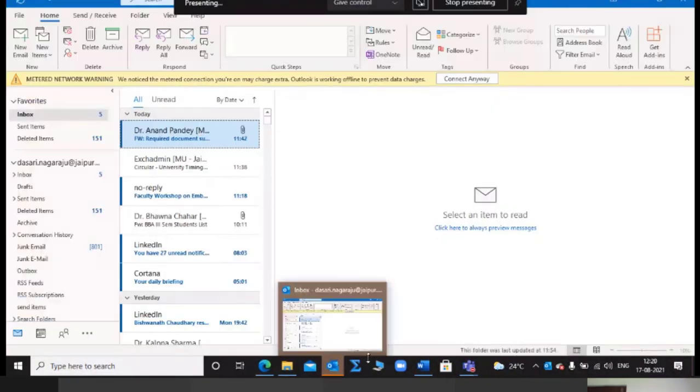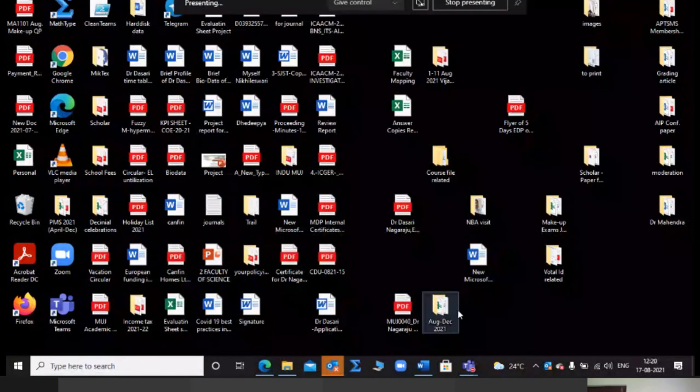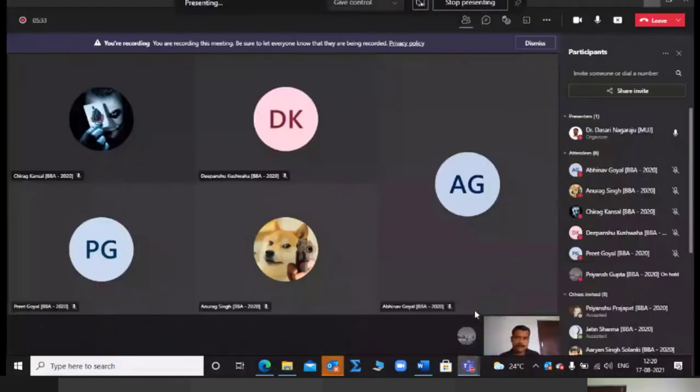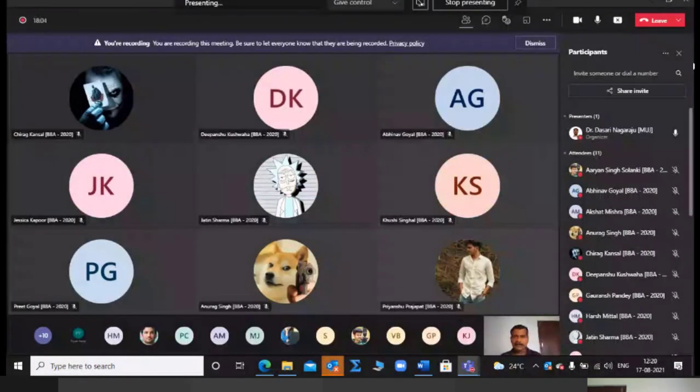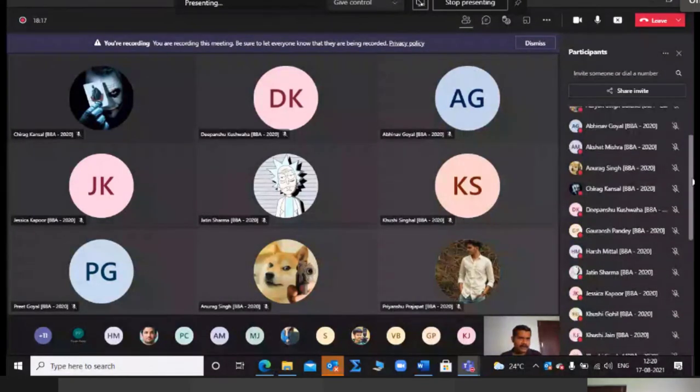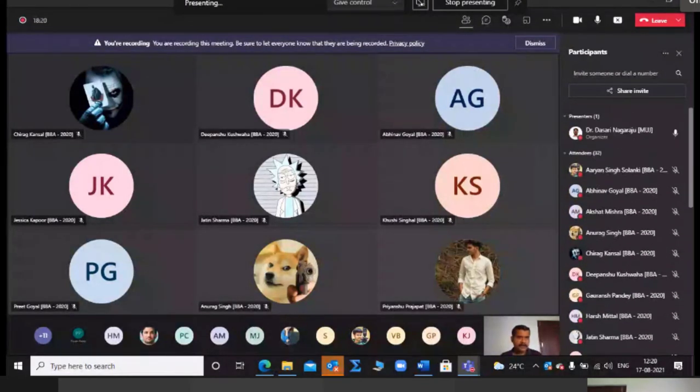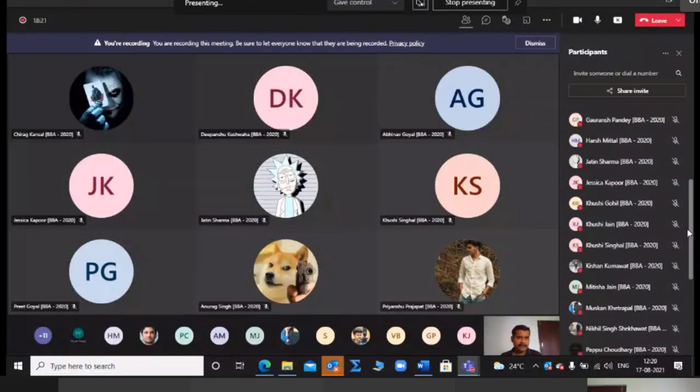Is there anything to clarify in this program outcome and overall picture of the program? There were around 32 people right now online.